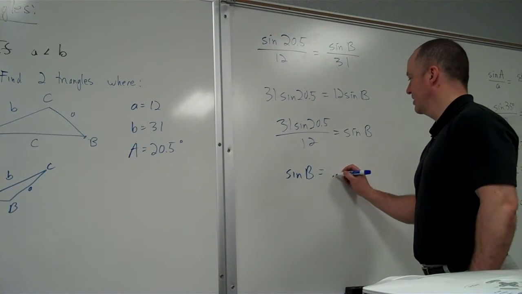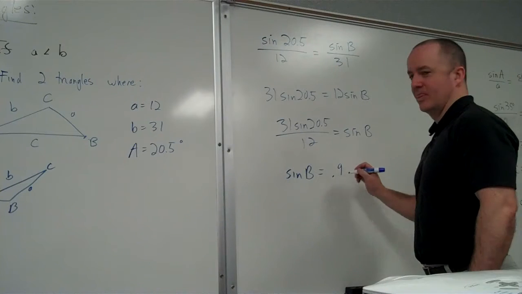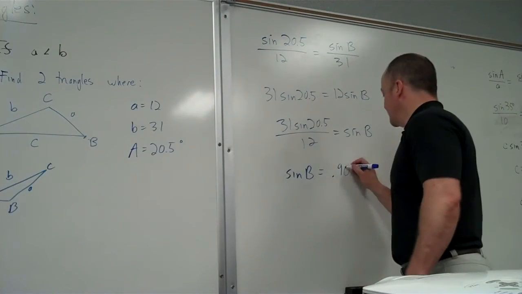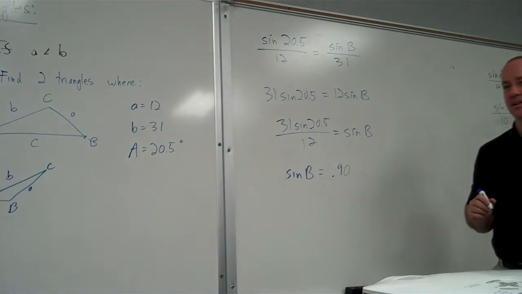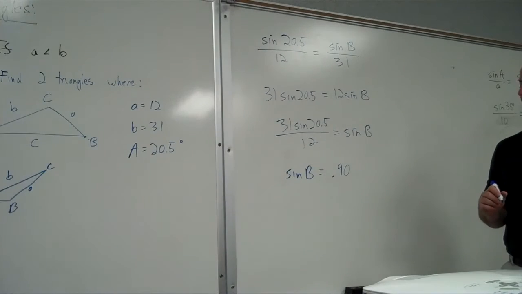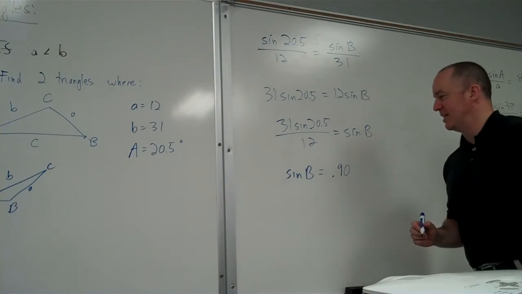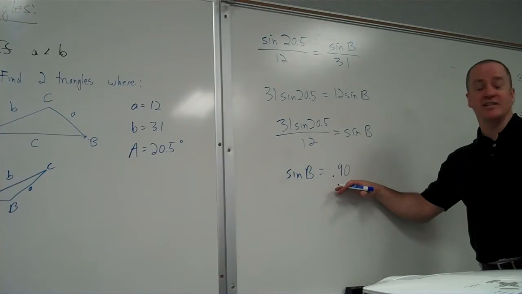Actually, I think it's 0.905. May I check the rounding? It would be 0.90. It depends on where you're rounding from. I'll go over the rounding rules on Monday, but let's call it 0.90.